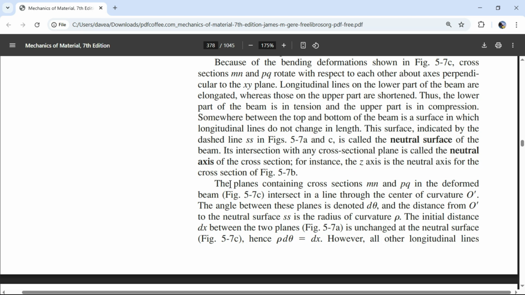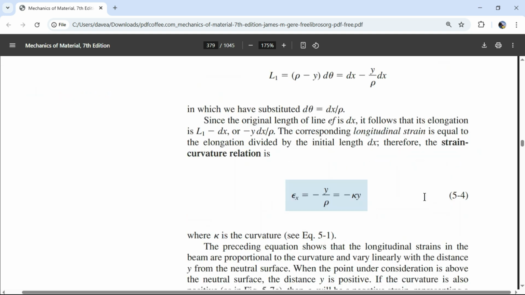The planes containing cross sections MN, that's the slice on the left, and PQ, the slice on the right, in the deformed beam intersect in a line through the center of curvature O prime.